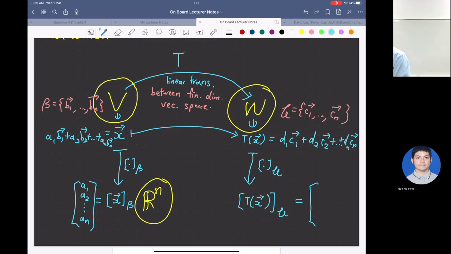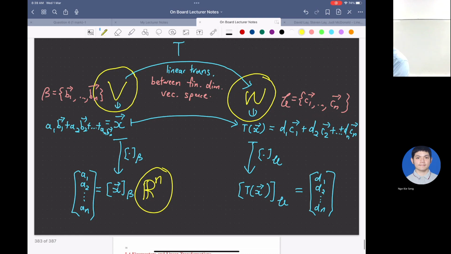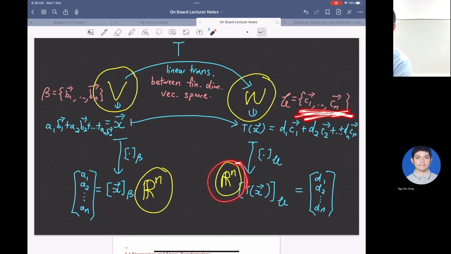The coefficients. Okay. So the coefficients are just D1, D2 up to Dn. So where does this vector lie? Rn again. So you can see that this Rn just depends on the number of basis vectors, because we got n of them here.